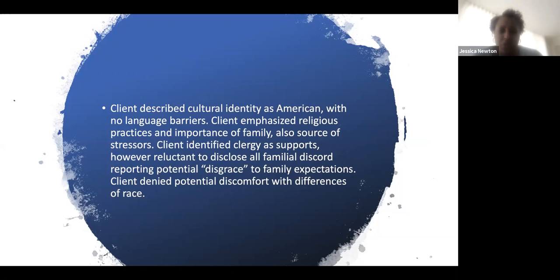So the next statement is client identified clergy as support, however, reluctant to disclose familial discord, reporting potential disgrace to family expectations.